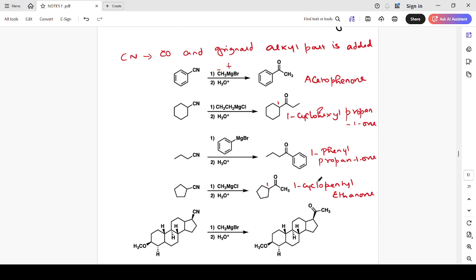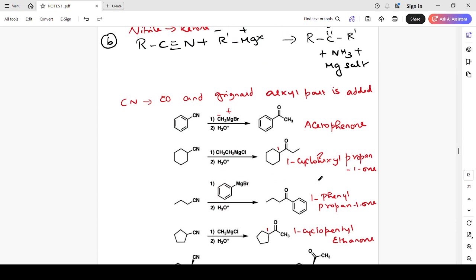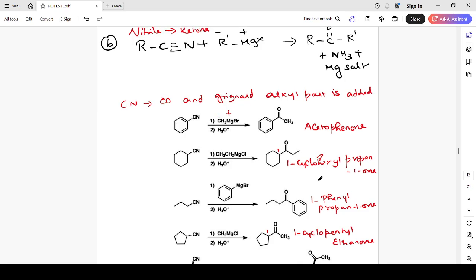Right. Let's go to the next one. We are trying to convert the nitrile into ketone. Give me one reagent which can convert nitrile into aldehyde. I want you to convert nitrile into aldehyde.